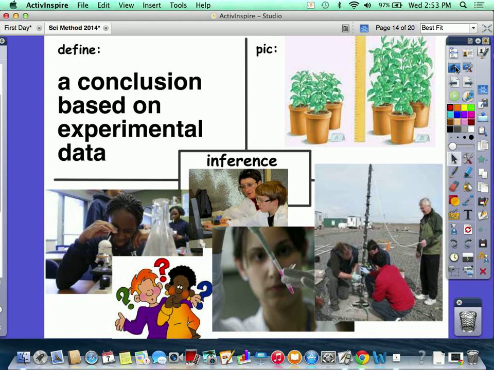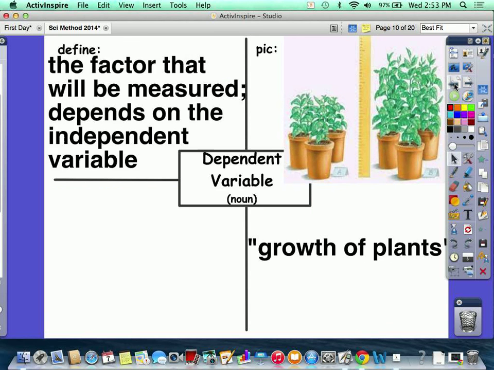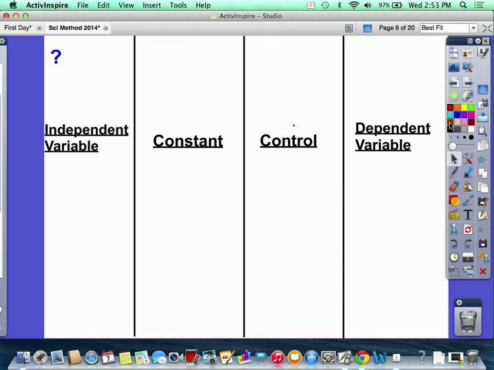I'm not going to give you one. You're going to come up with one on your own. So first, before we come up with our question, let's go ahead and label our columns with our 4 terms. Independent variable, constant, control, and dependent variable.